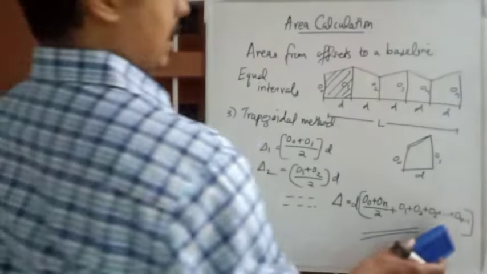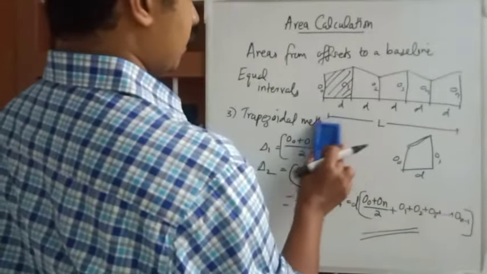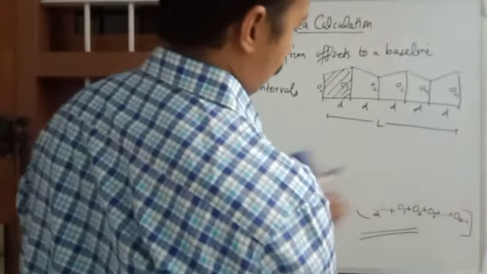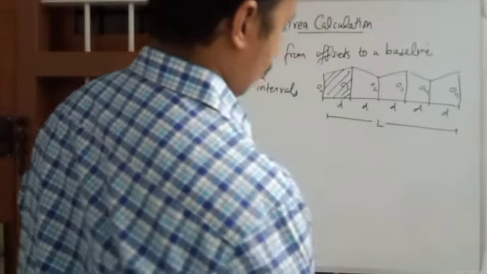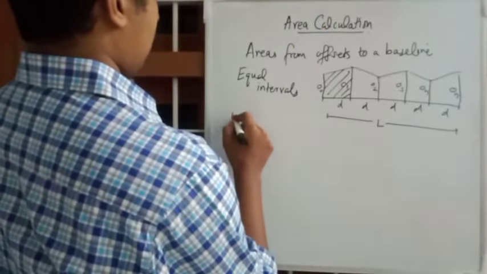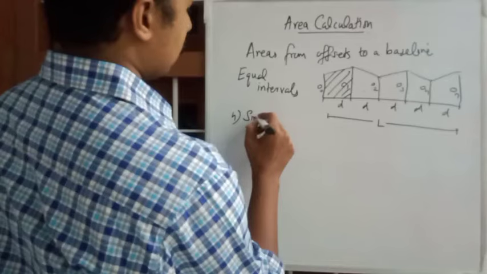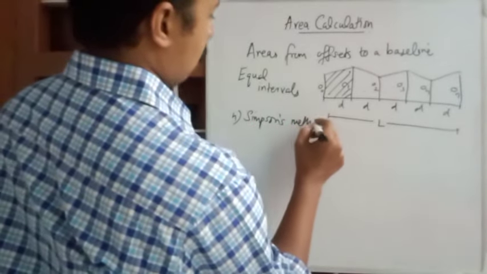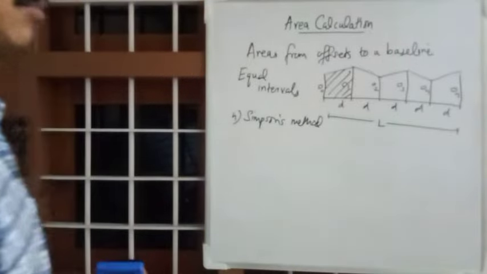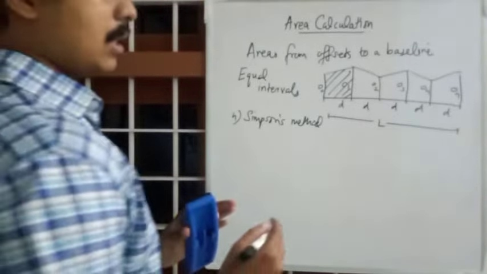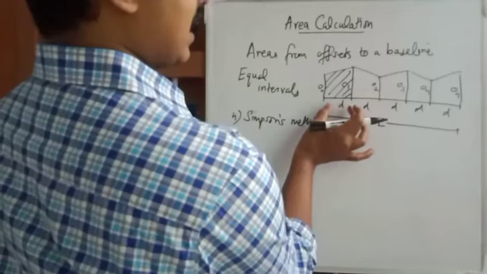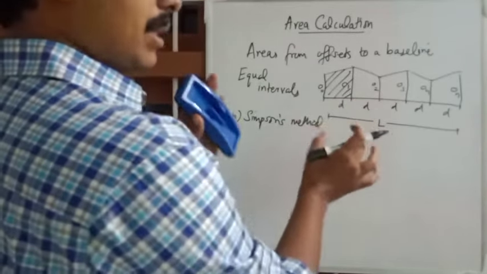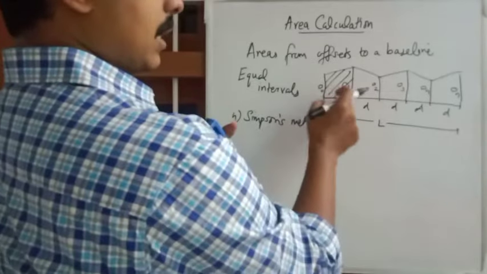Last one, and the most important one, Simpson's method. In Simpson's method, we will not be considering it as a single unit. Okay, in all the previous methods, we considered it as a single one.